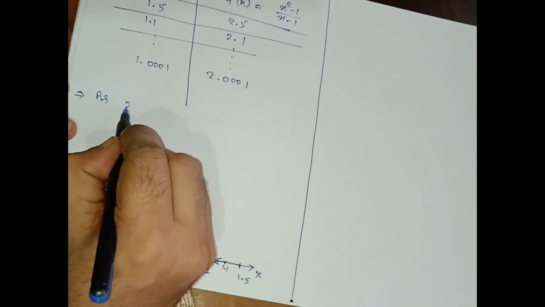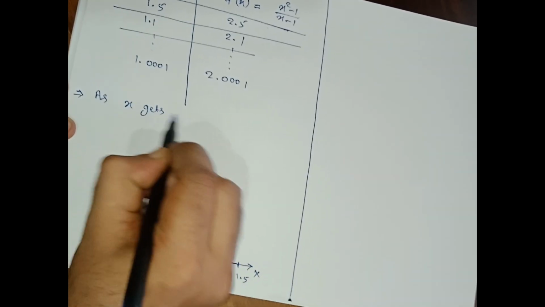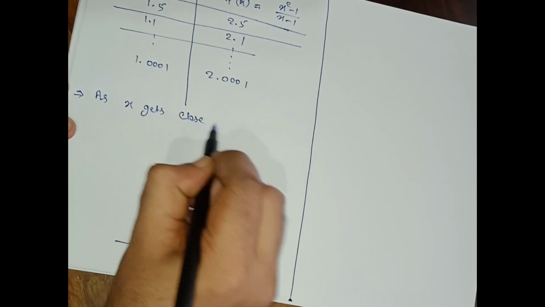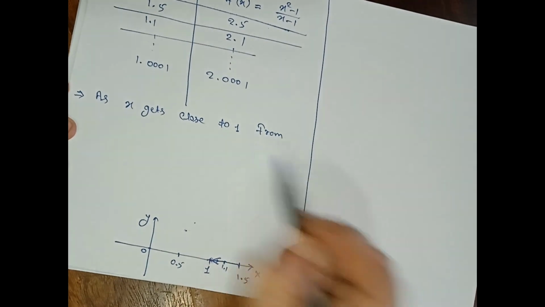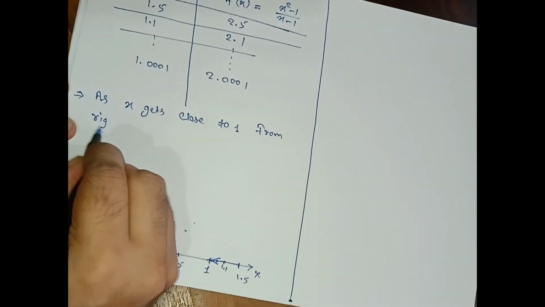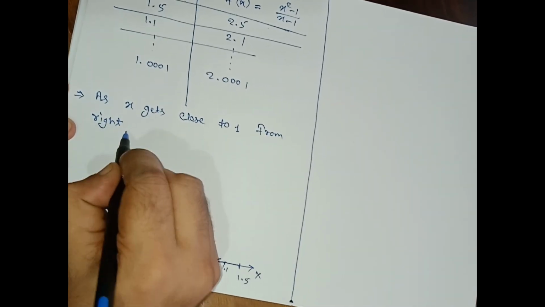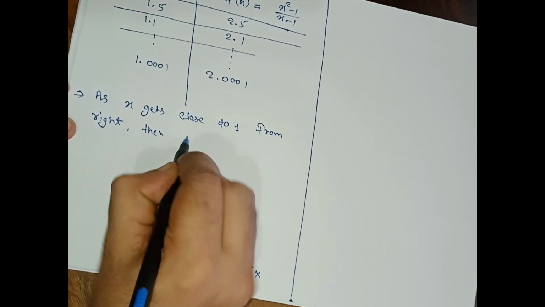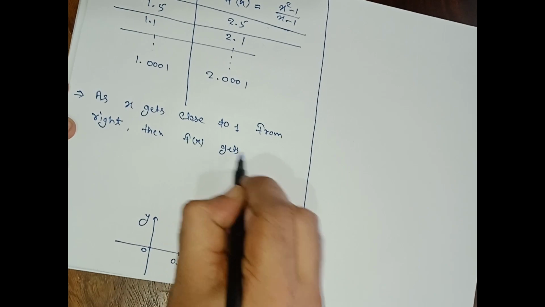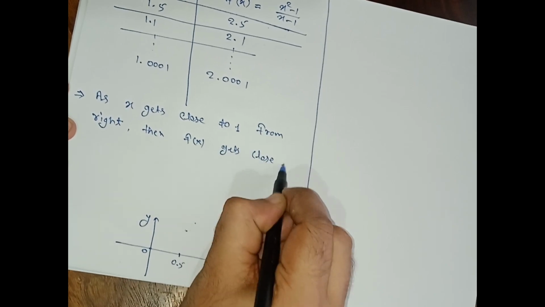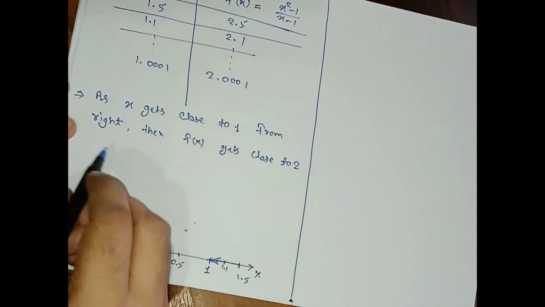As x gets close to 1 from right, the value of the function gets close to 2.